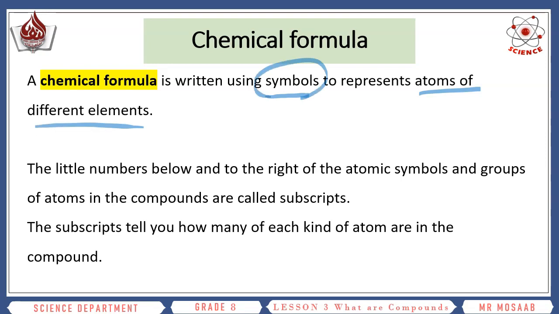The little numbers below and to the right of the atomic symbols and groups in the compounds are called subscripts. The subscripts tell you how many of each kind of atom are in the compound.